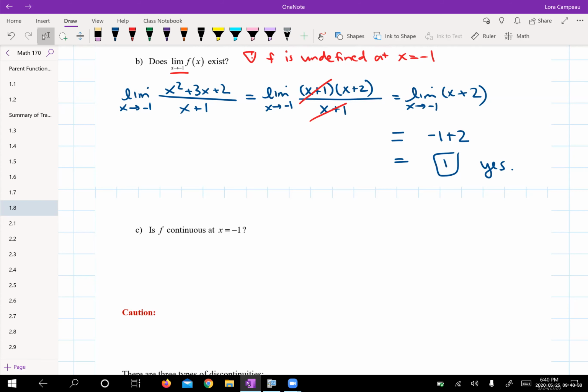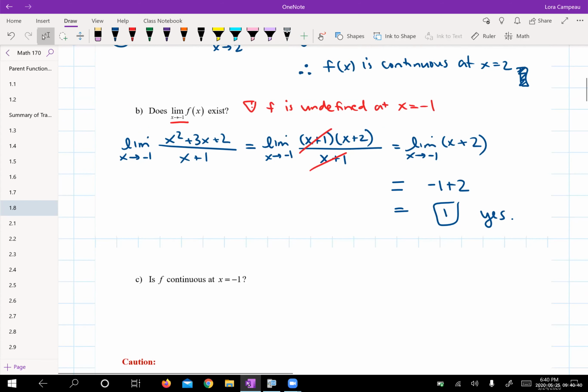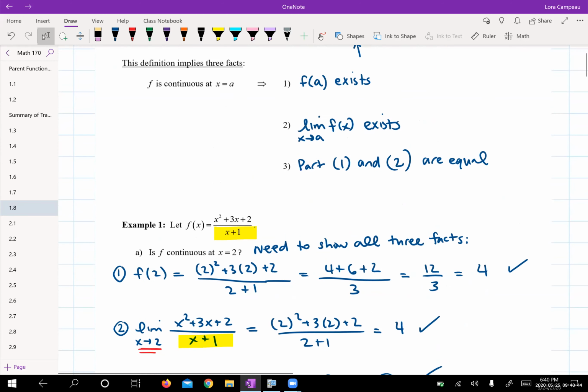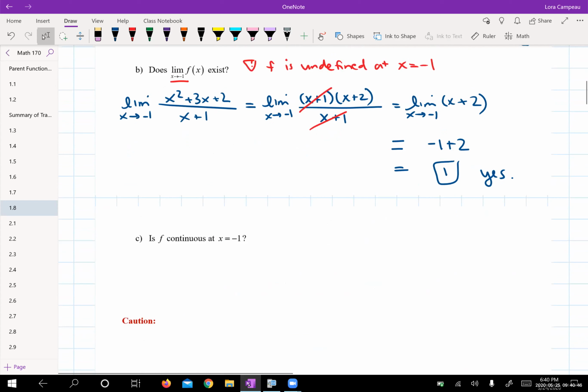So if we want to go through this, we're going to go through the 3 criteria. Looks like part B has taken care of item number 2, but let's do a quick check.